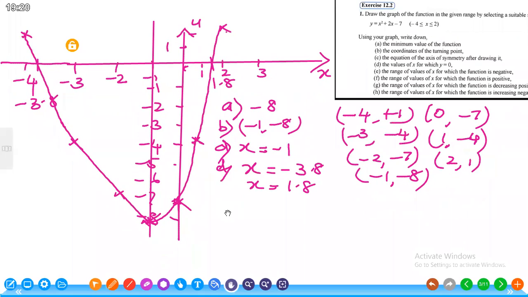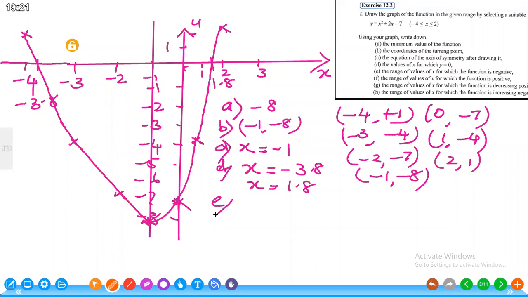Then E part, right? The range of values of x for which the function is negative. Here, the function is negative in this part below the x-axis, right? So consider this part.